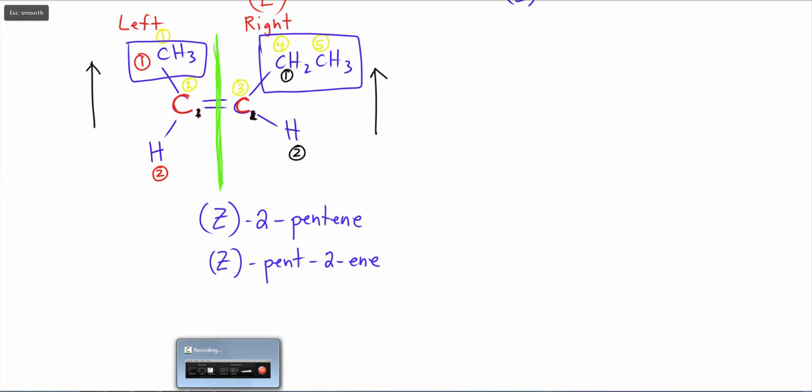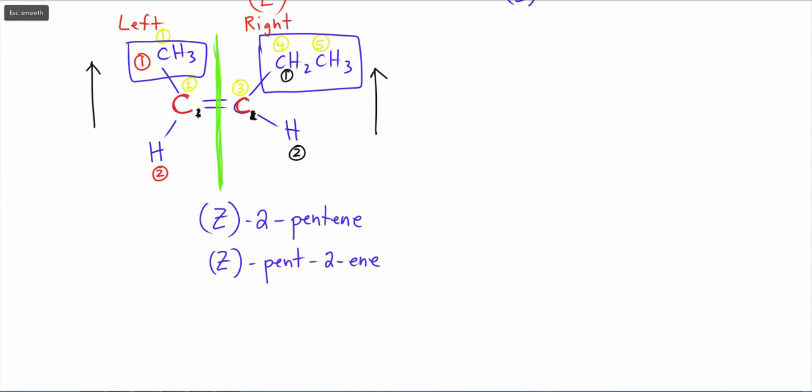And you may note that we do have the same, not to confuse you, but we do have two H's on both sp2 hybridized carbons, and they are both projected down, and that would give us the cis notation. So we could name this Z 2-pentene or cis 2-pentene.